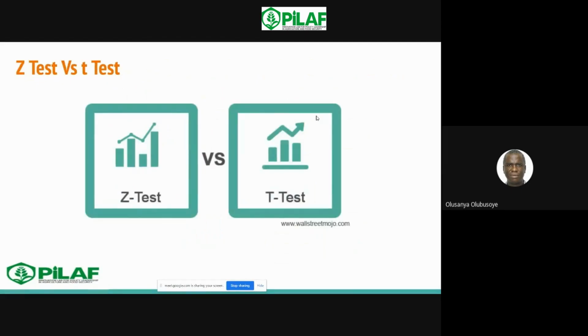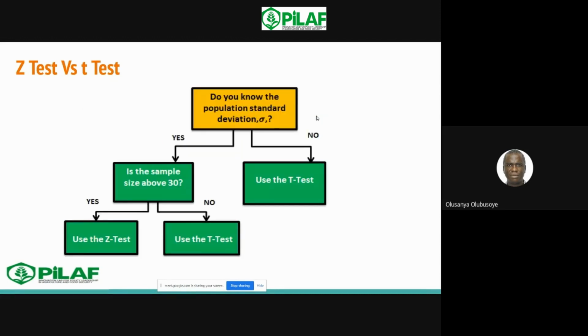So what then makes the difference between the normal Z test and the Student t-test? That is essentially what we need to know here. If you have the population that you are trying to study, let's say you have one population from which you have drawn an independent sample.